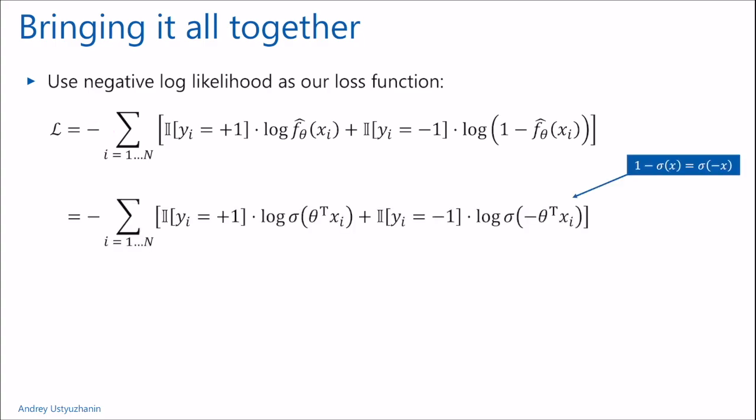Here we just introduce the sigmoid function, replacing this thing with this thing, and this thing with this thing. Then it becomes a very compact and concise expression that we can use as a function for gradient descent optimization.